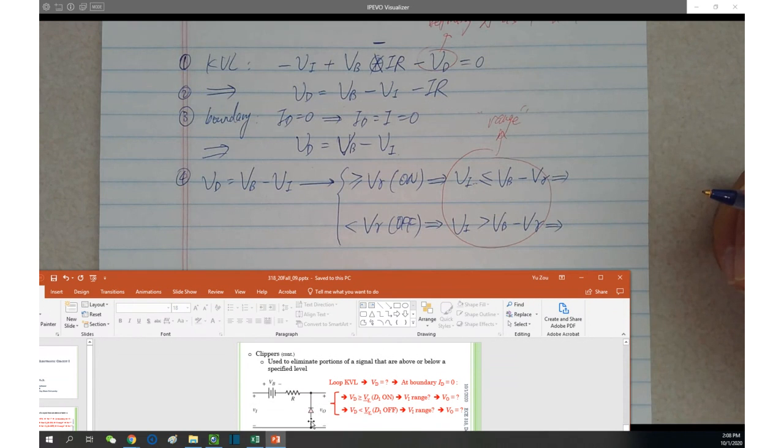So I give you 3 to 5 minutes to finish the circuits and output yourself. Go ahead. 3 to 5 minutes, circuits and output.